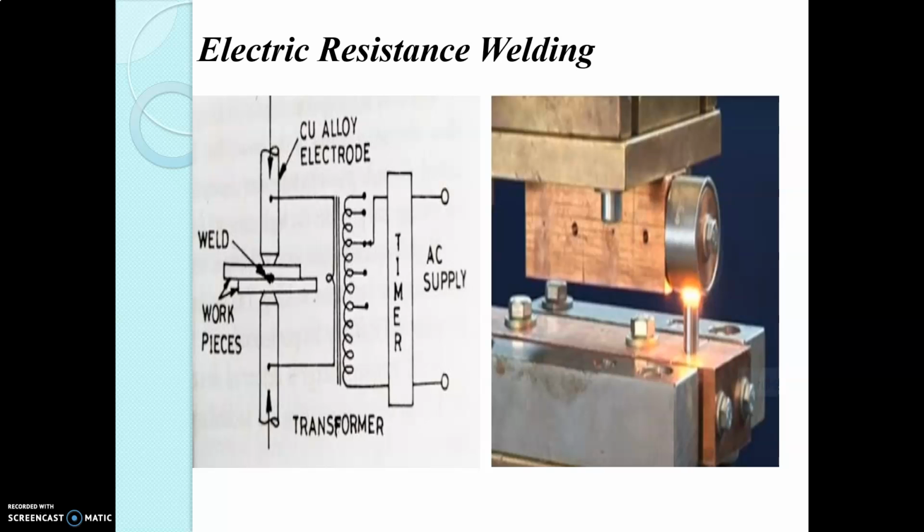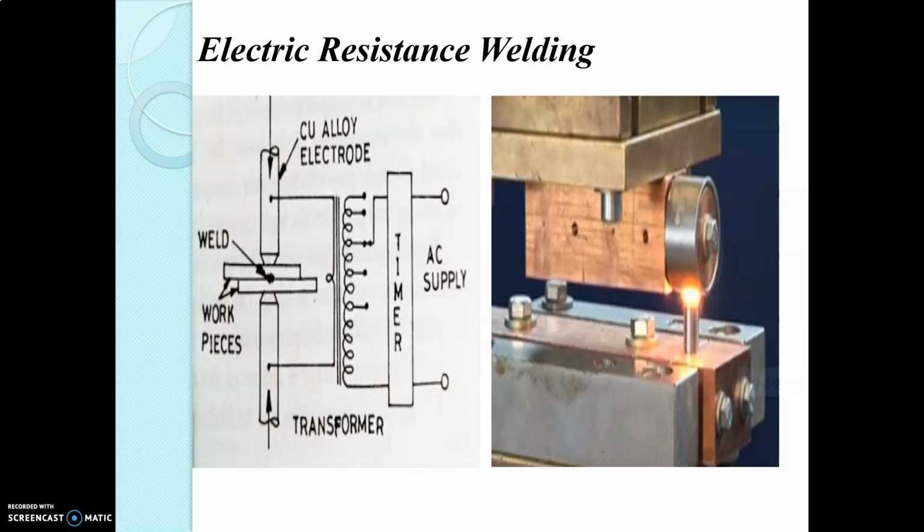When the area to be welded is sufficiently heated, a pressure from 25 to 55 MPa is applied to the joining area by suitable electrodes until the weld gets solidified.